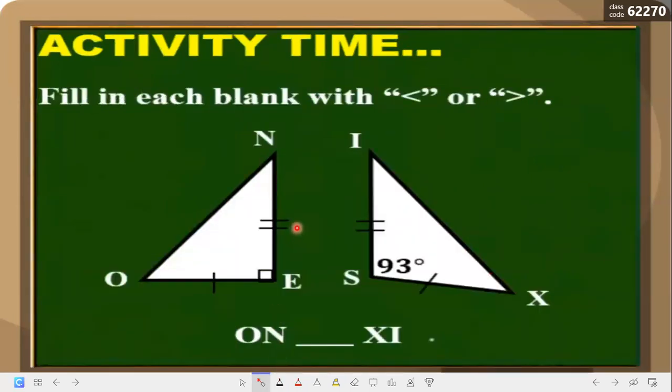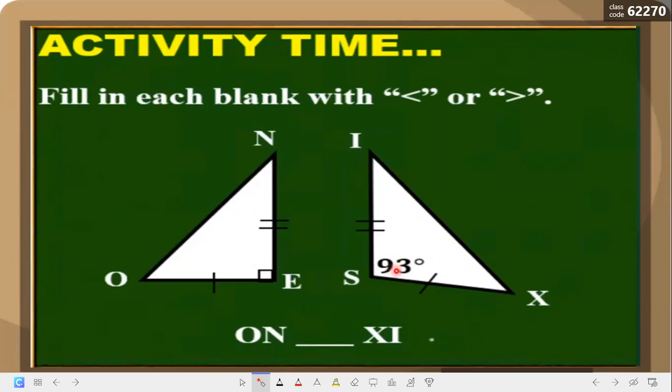Then, fill in the blank with greater than or less than. Given here is angle E, then angle 93. So that is the hinge theorem, no? 90 degrees and this 93. Which is bigger? This one.